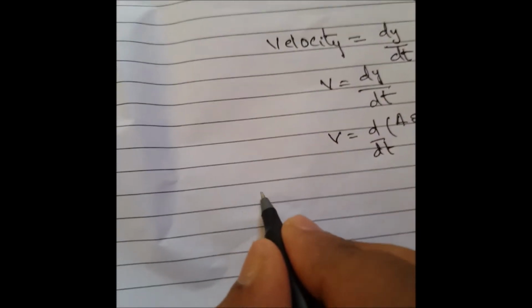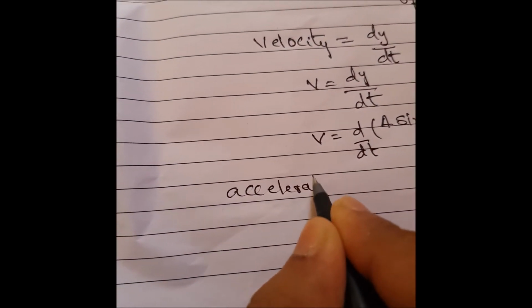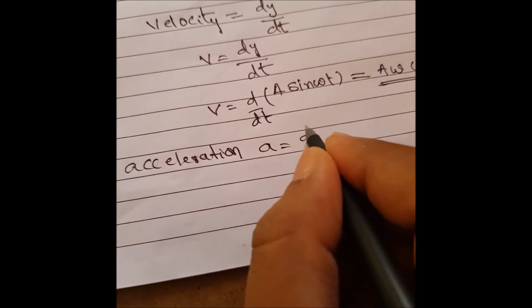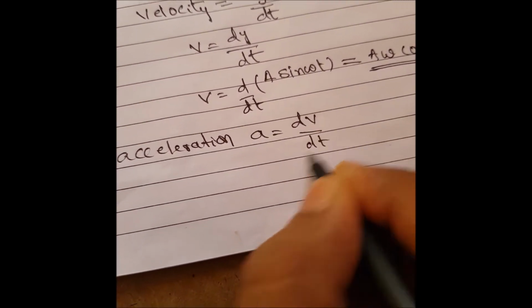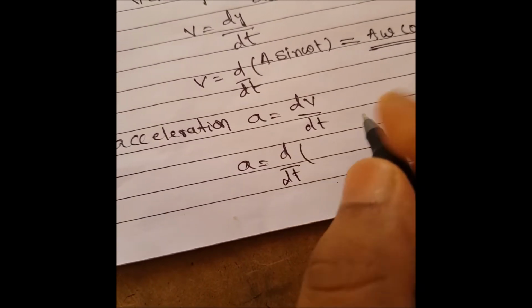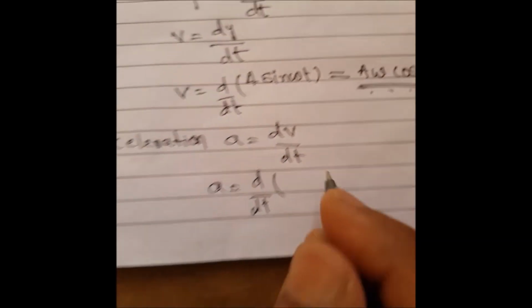Now I'm calculating acceleration. By the definition of acceleration, the rate of change of velocity, a equals d by dt of velocity. Just now we derived A omega cos omega t.